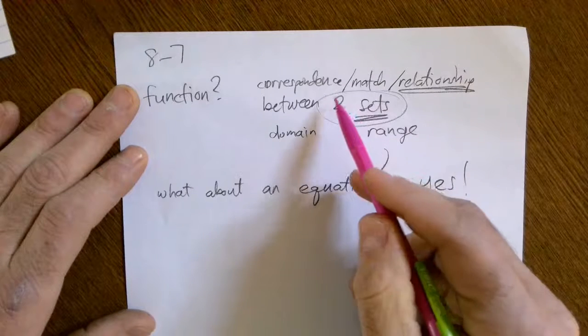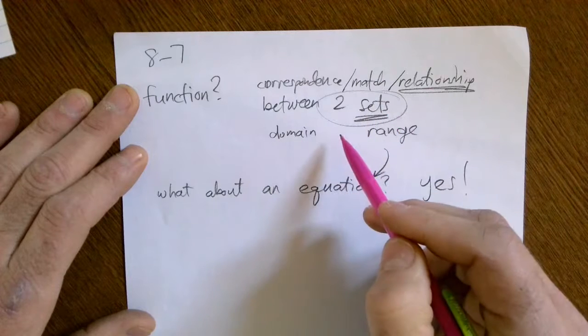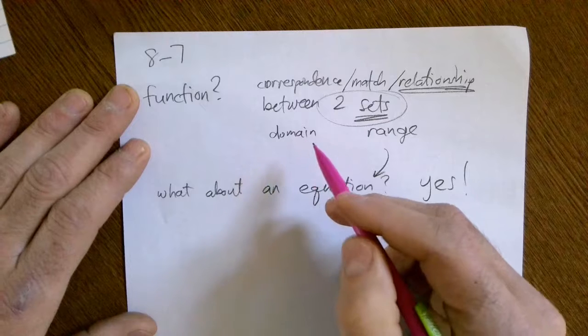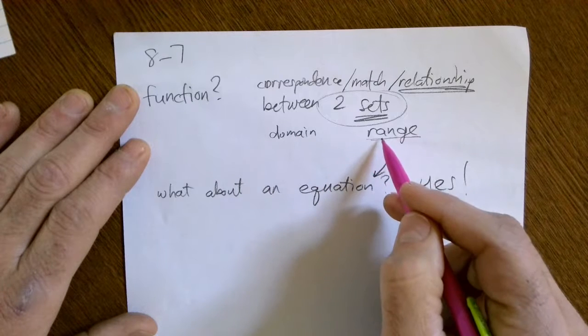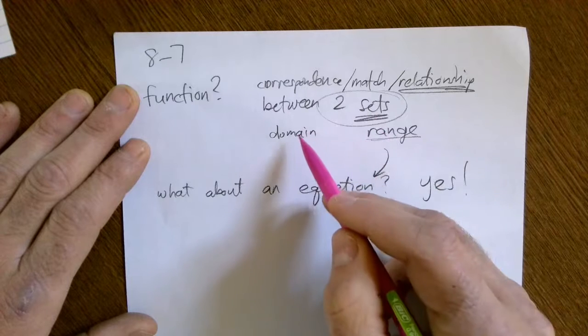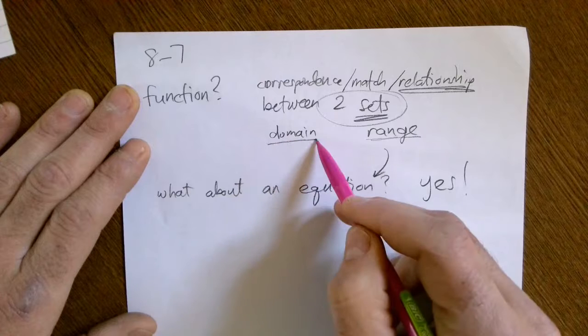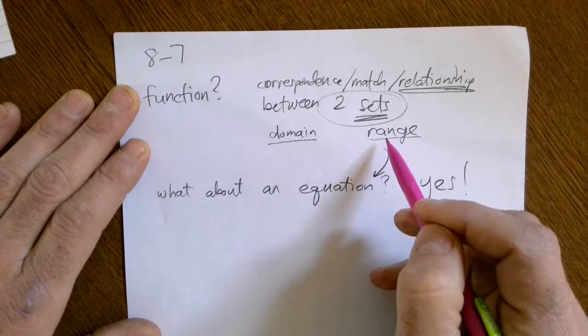Oh, I almost forgot. This isn't just any relationship between two sets, the domain and the range. A function has only one range member matched up with the domain. In other words, each member of the domain only has one member of the range assigned to it.